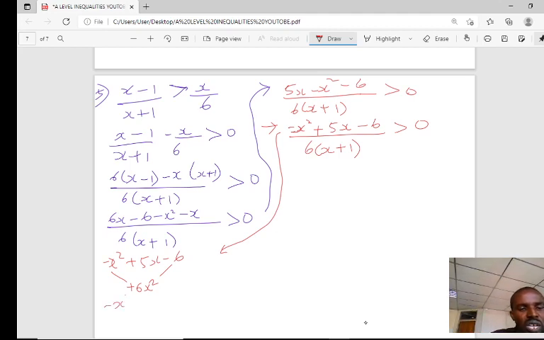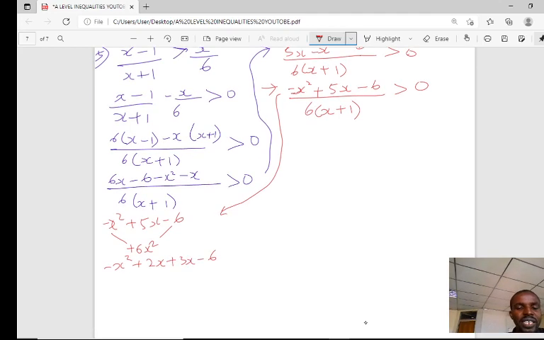So you replace the middle value, which is 5x, with the factors, then minus 6, like this. Then you factor out. What can we factor? Let's factor out minus x. Or let's just factor out x. Then you get minus x, then plus 2, like this.